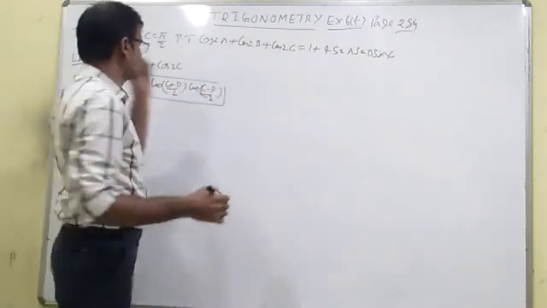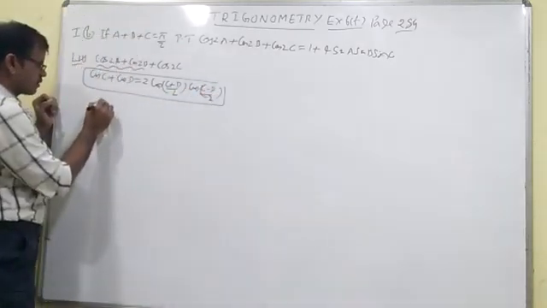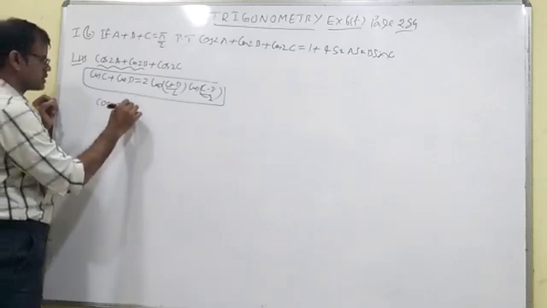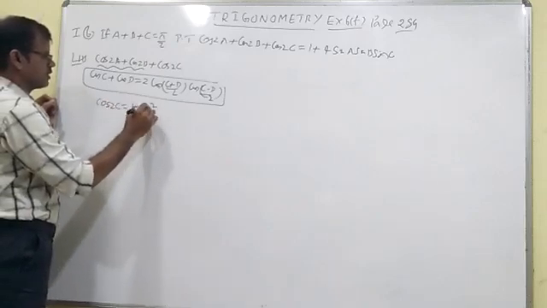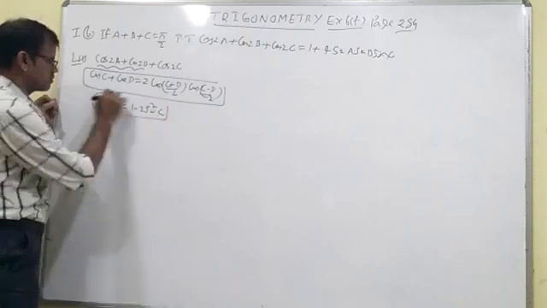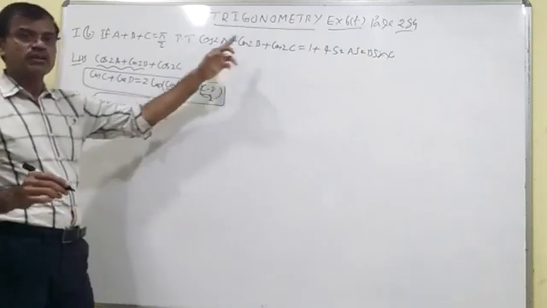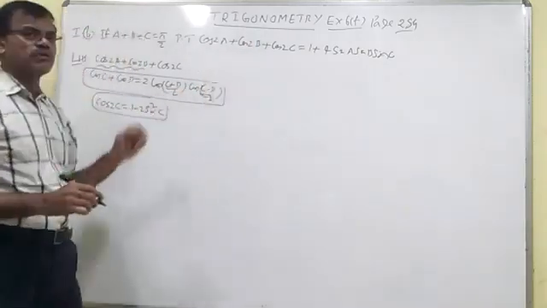And for the remaining cos 2c, you apply the formula 1 minus 2 sin square c. If minus 1 is there, then you should apply 2 cos square c minus 1.